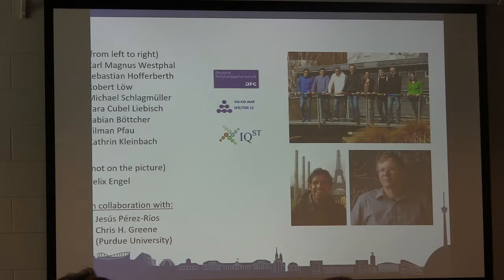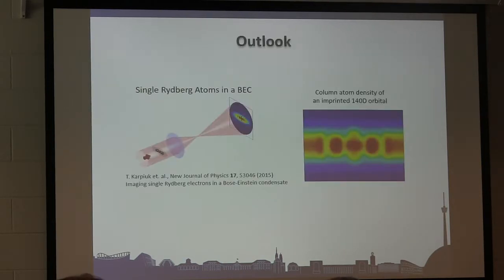Now I want to show you what we are aiming at the moment with our setup. The idea is that when you have this Rydberg excitation inside our Bose-Einstein condensate, and the Rydberg orbit size gets several microns large, then there is again this interaction between the Rydberg electron and the BEC, and the BEC atoms start moving into the potential wells which are created by this electron.